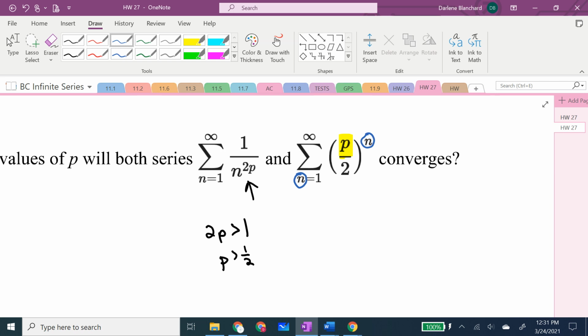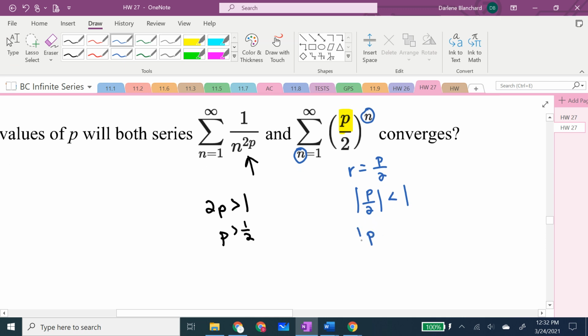The variable is the exponent. That p is just some number, and you want to know what number works to make it converge. So that means you have an r that is p over 2. The geometric series test tells you that as long as the absolute value is less than 1, you will get converge, and you will diverge at equal to 1.